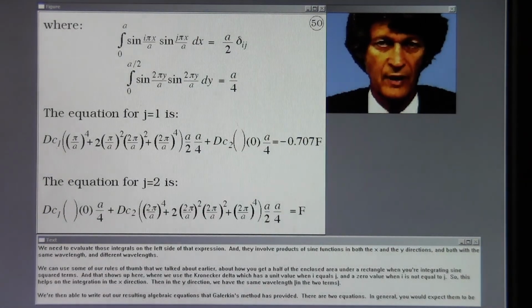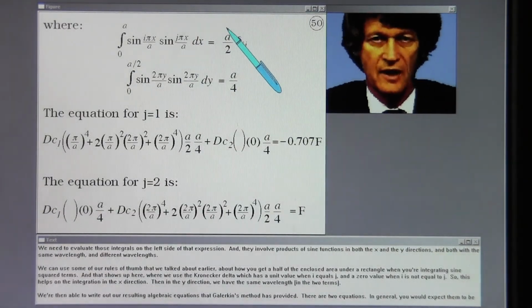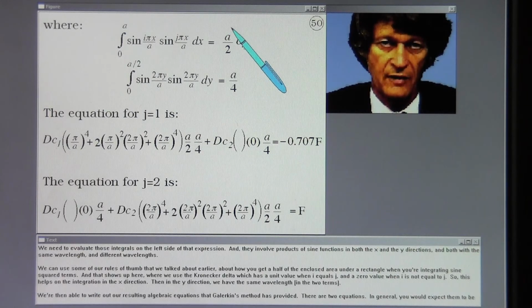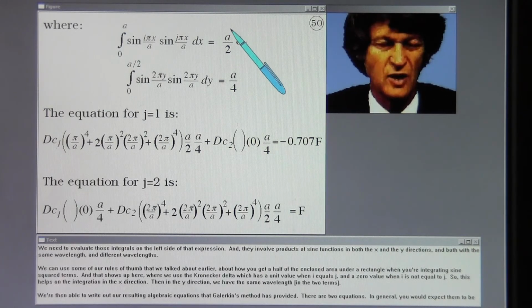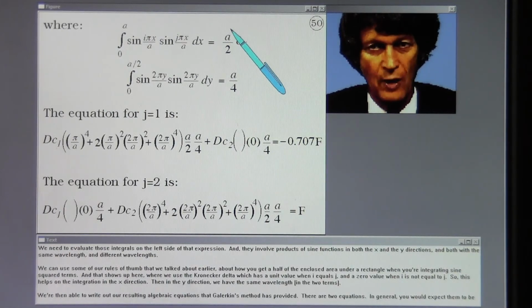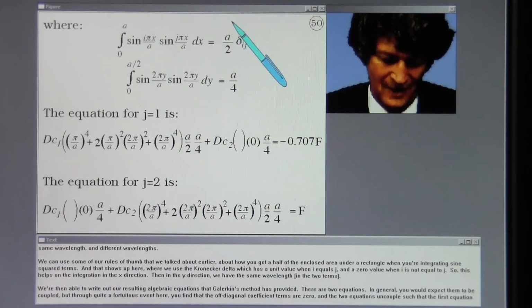We need to evaluate those integrals on the left side of that expression, and they involve products of sine functions in both the x and the y directions, and both with the same wavelength and different wavelengths.